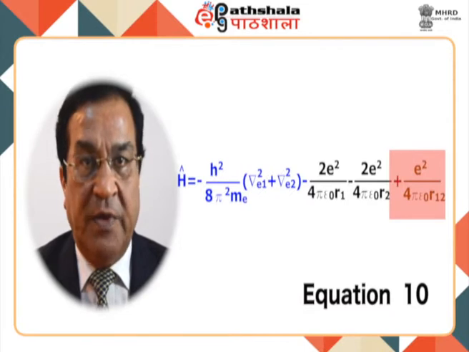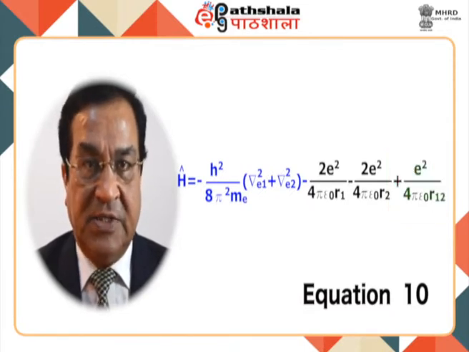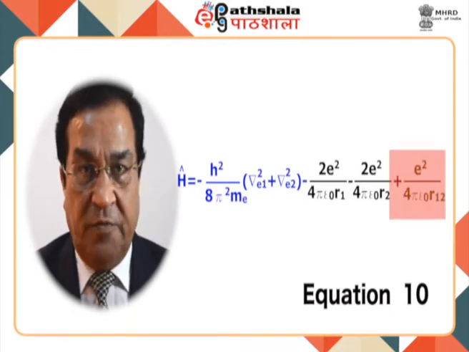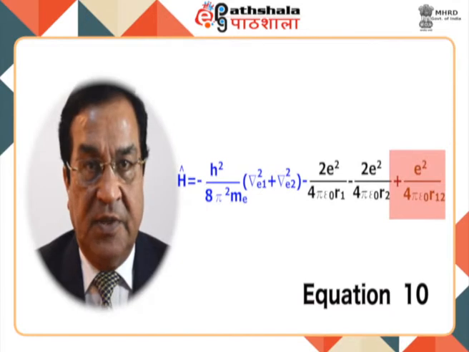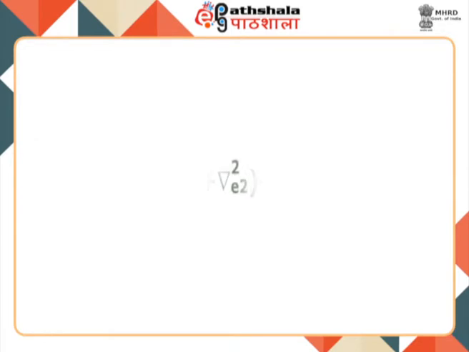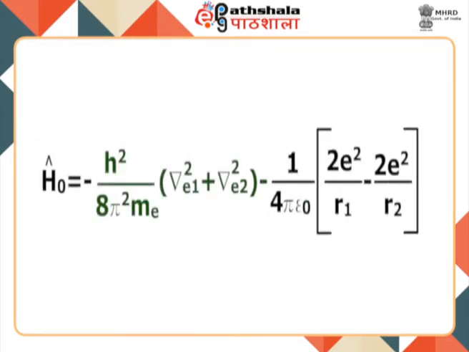And therefore, one way can be that we neglect this term, and then the rest of the problem becomes exactly solvable. If we neglect this term, the whole problem reduces to the corresponding Hamiltonian, which becomes equal to minus h square upon 8 pi square me, del square electron 1 plus del square electron 2, minus 1 upon 4 pi epsilon 0, 2e square upon r1 minus 2e square upon r2.